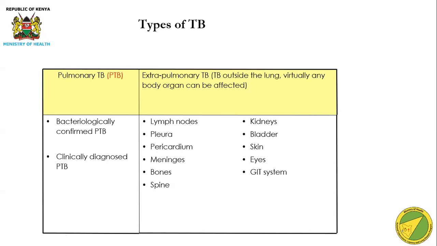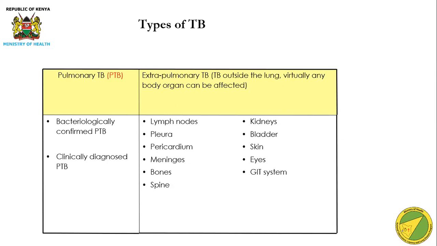Pulmonary TB, put into initials as PTB, can be diagnosed in 2 ways. One is by bacteriologically confirming using the sputum as the sample, investigated using GeneXpert or smear microscopy.